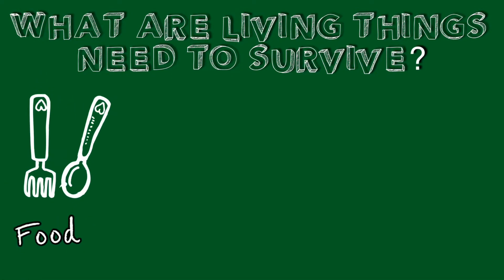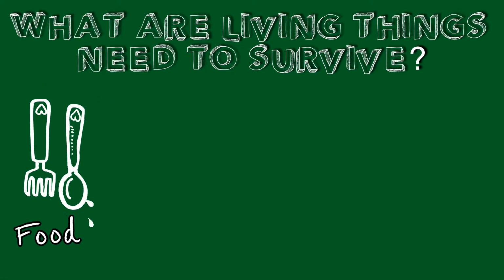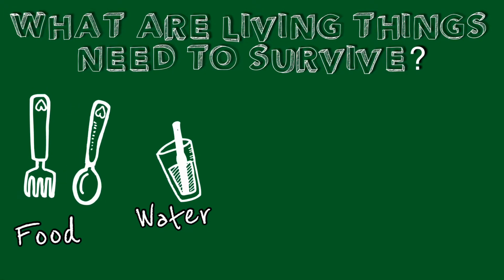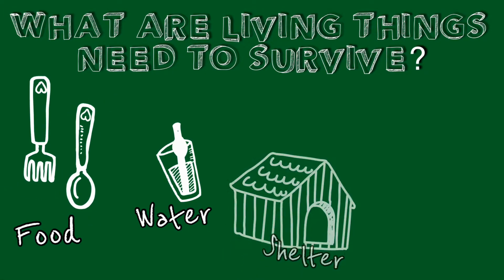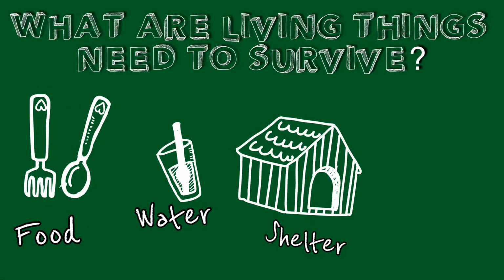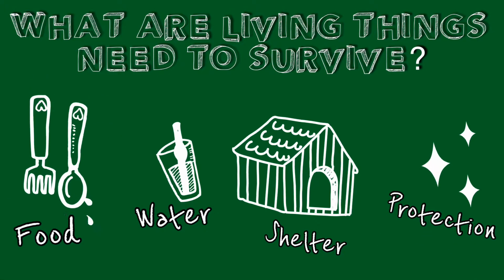What do living things need to survive? The first one, living things need food, and then need water, need shelter, or like a house, and the last one, need protection from the dangers.